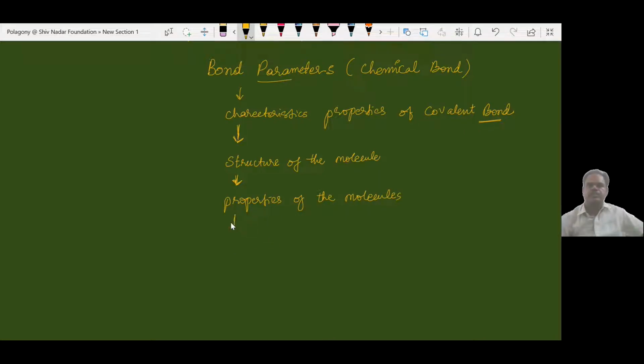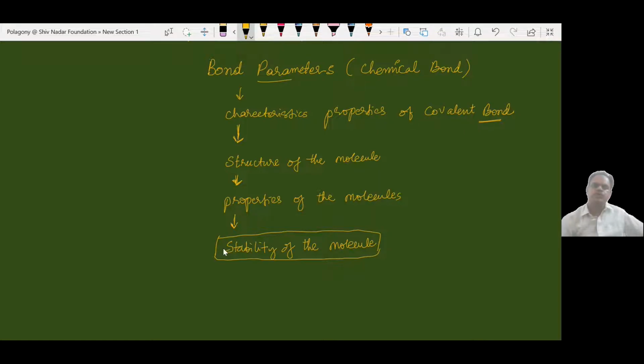If you understand the properties of the molecule, we'll understand the stability of the molecule. So our ultimate aim is to understand the stability of the molecule.